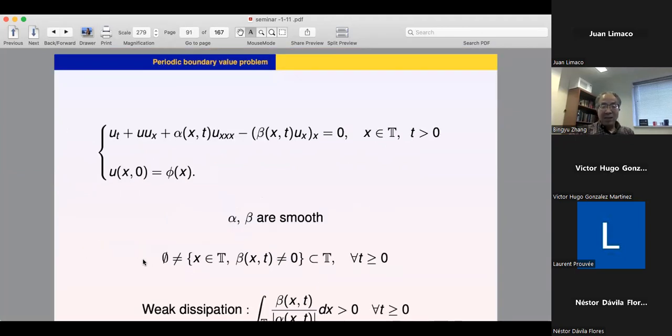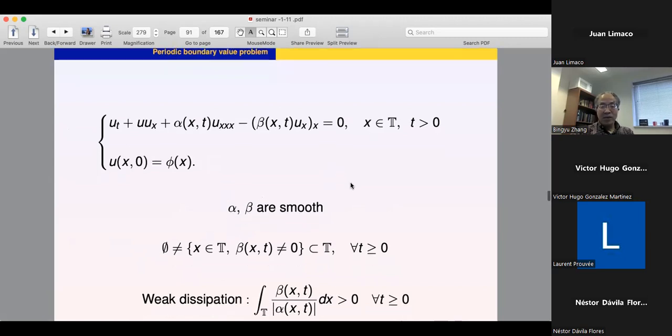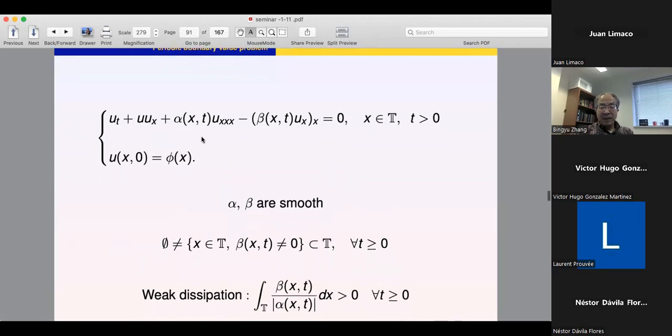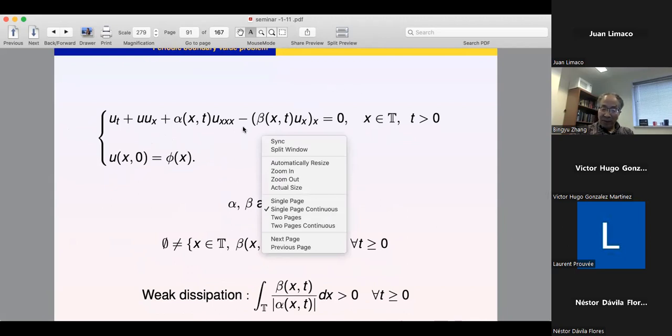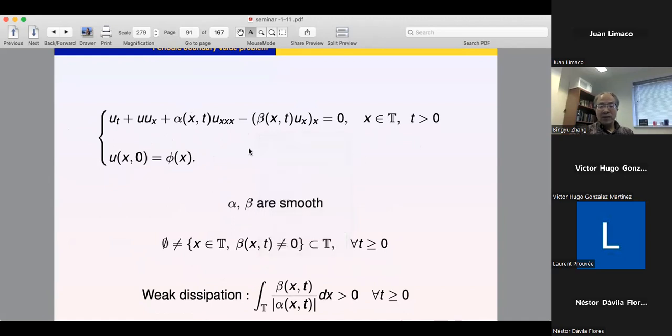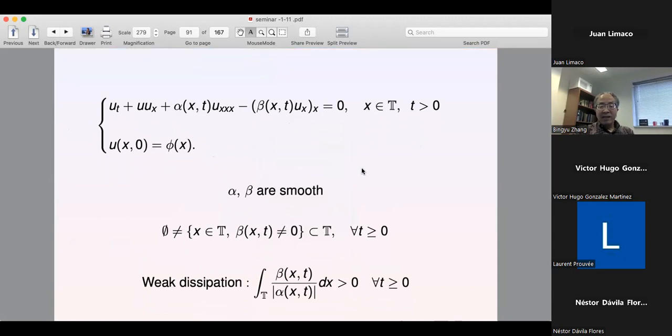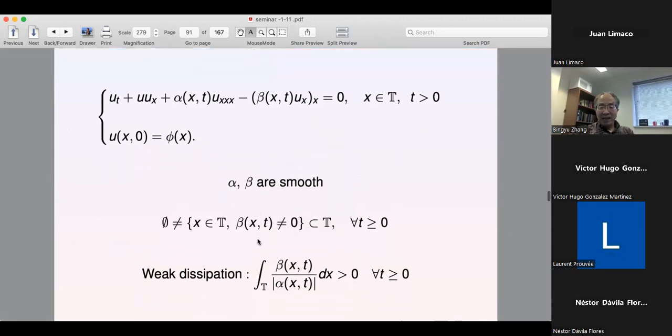And recently, we considered this more general case. We have a KdV-type nonlinear evolution equation with dispersion and dissipation, but with variable coefficients alpha of x,t and beta of x,t. Here, beta just has a non-empty support in the periodic domain T. The beta could be positive or negative.